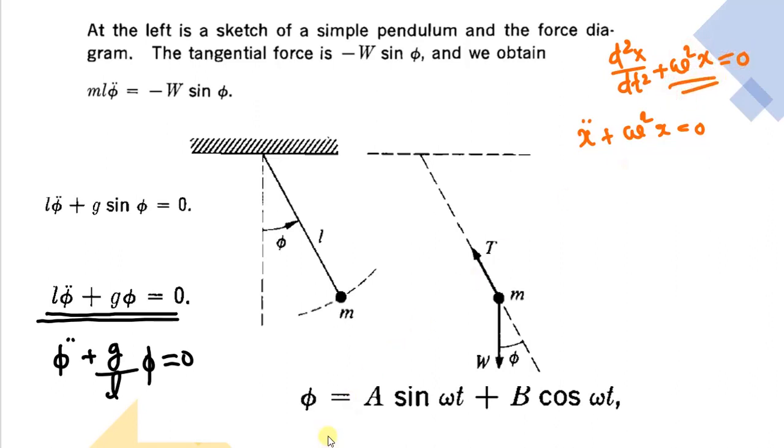The general solution of the equation is x is equal to a sin omega t plus b cos omega t. The same way, this is of the same form: phi double dot plus g by L into phi equal to 0.